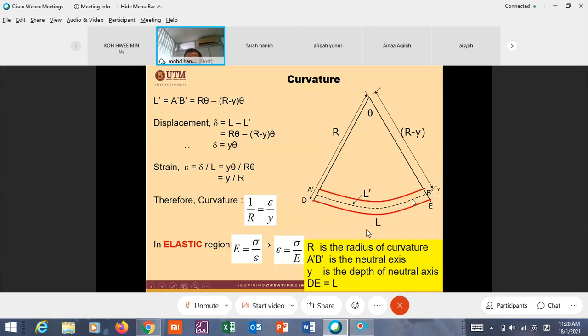Why y? Because in your bending stress distribution in the previous topic, we used y. So R theta minus (R minus y) theta. R minus y is this one. So (R minus y) theta is equal to L'.